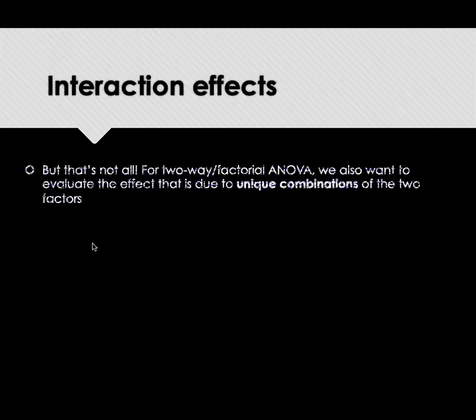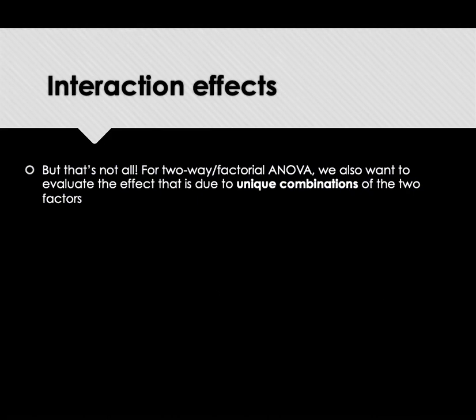Okay, now let's talk about interaction effects, right? For the two-way factorial ANOVA, we also want to evaluate the effect that is due to the unique combination of the two factors.